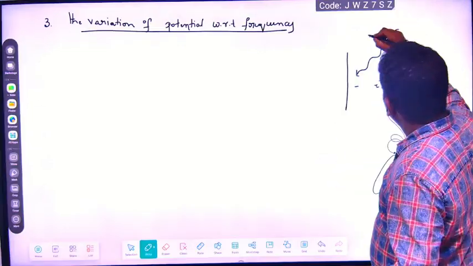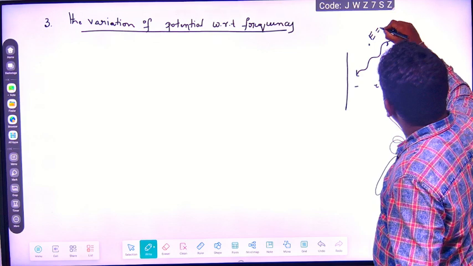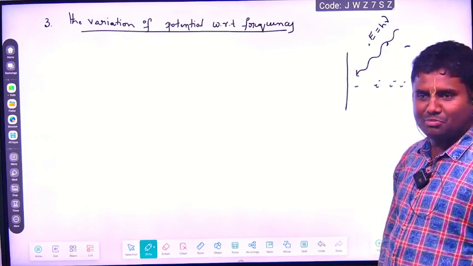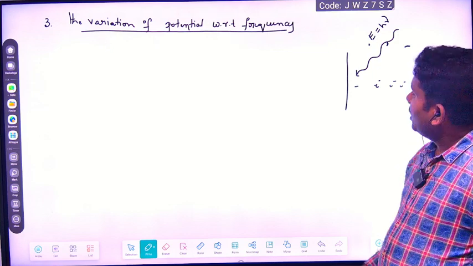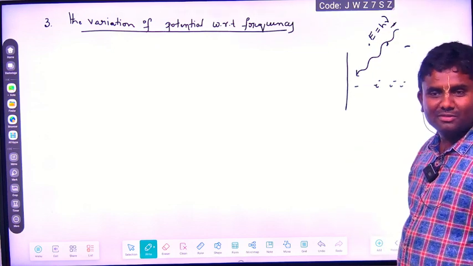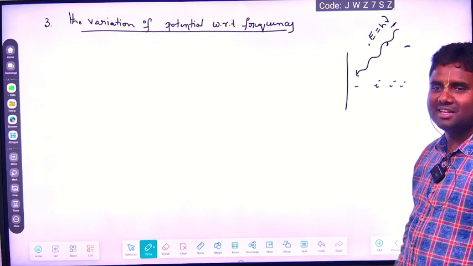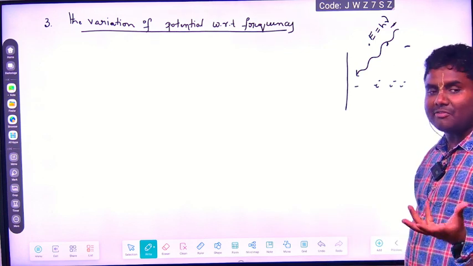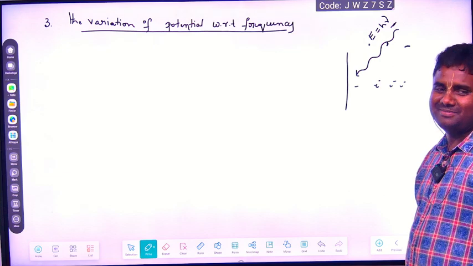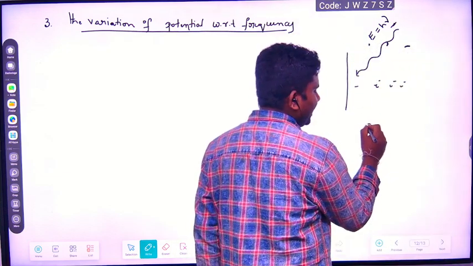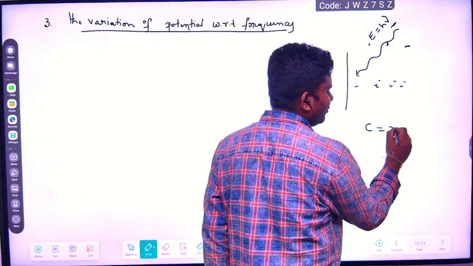Now the energy of the light rays is E = hν, where ν is the frequency of the incident light ray. So the energy of the light ray depends on frequency. You can also write the velocity of light as wavelength times frequency.